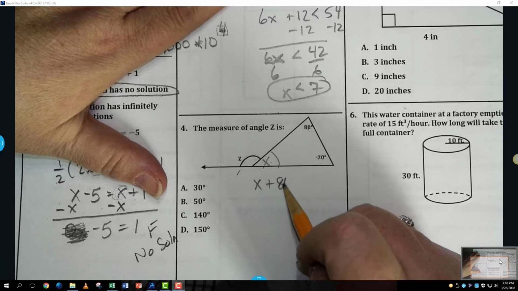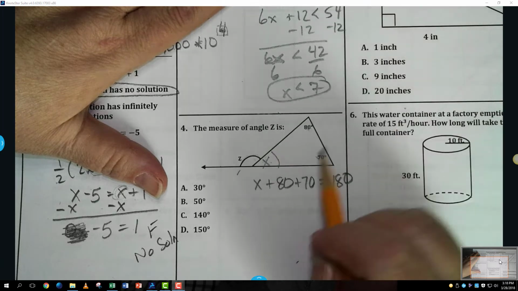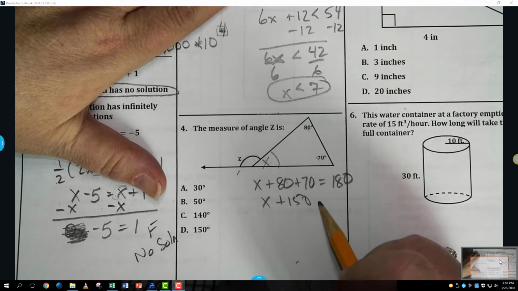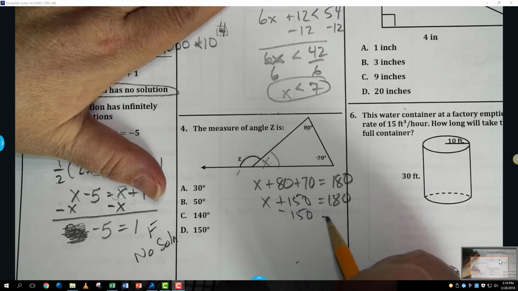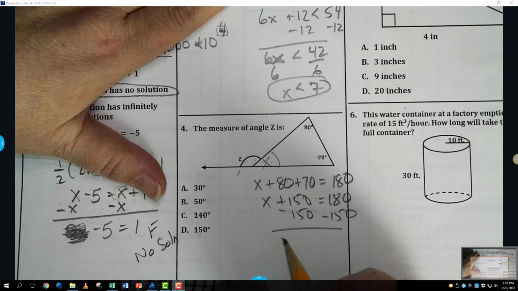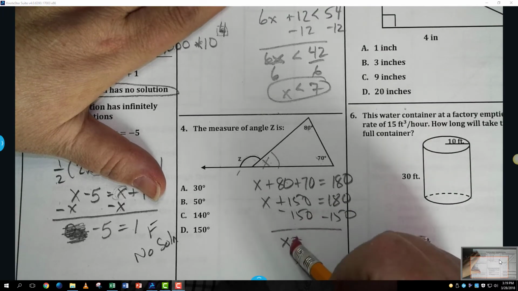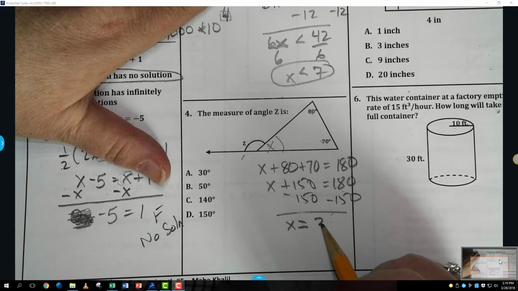So x plus 80 plus 70 equals 180. When I add these together, I get 150. When I solve for x, I get 30. So x equals 30, but that is not the question.